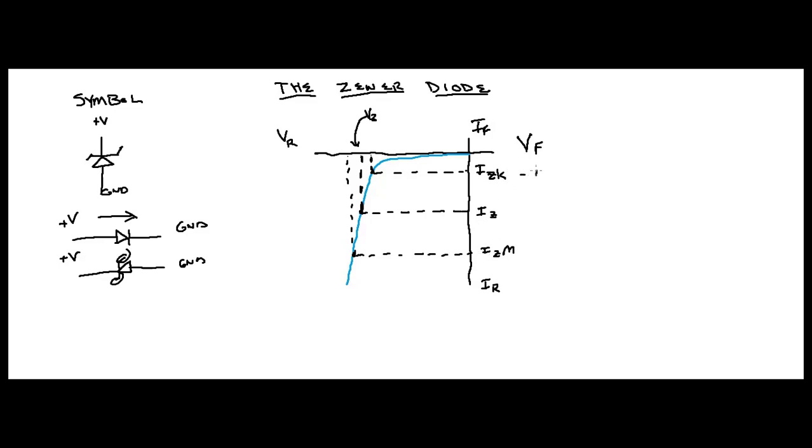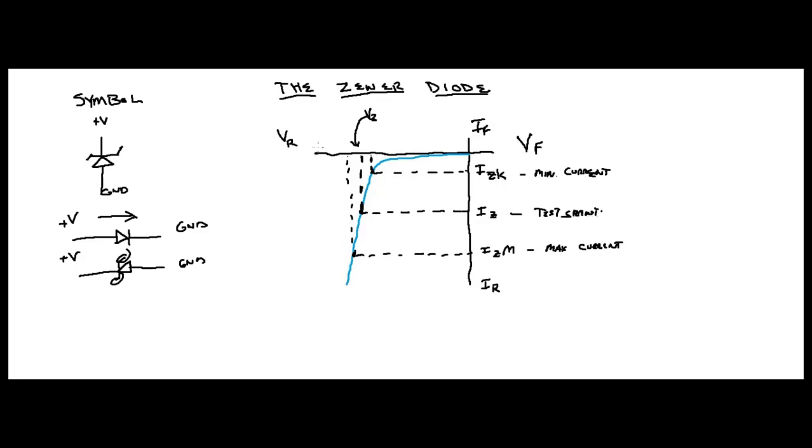IZK, this is the minimum current required for the Zener diode to regulate a voltage or operate correctly, minimum current. And IZM, this is your maximum current. And this is also known as your test current. C-U-R-R-E-N-T. You get the idea, right?